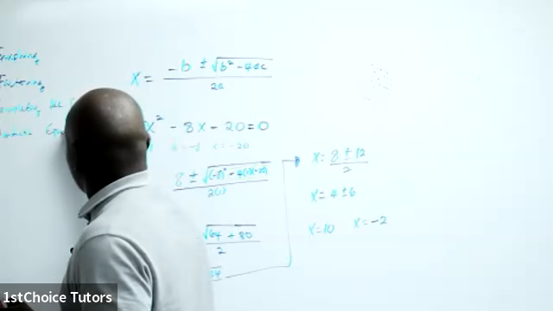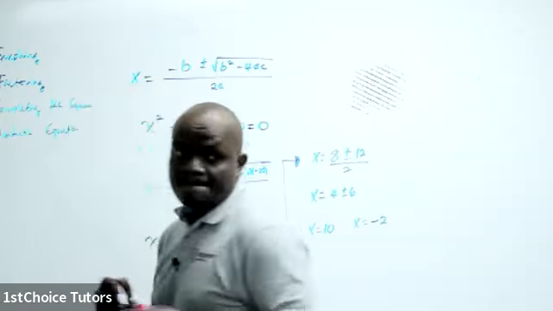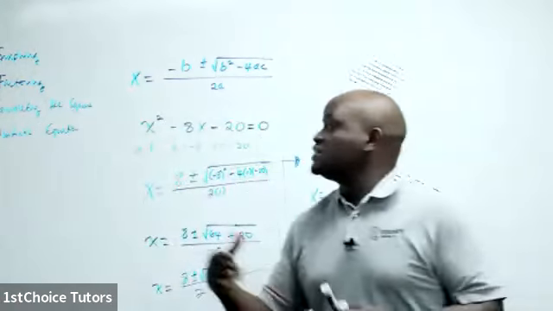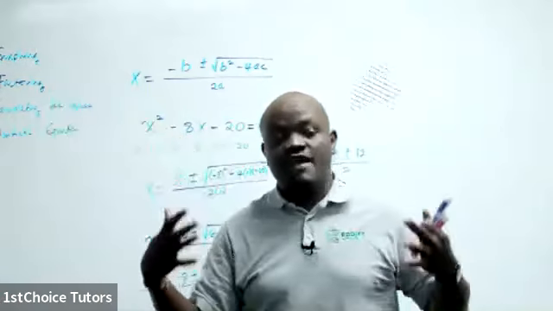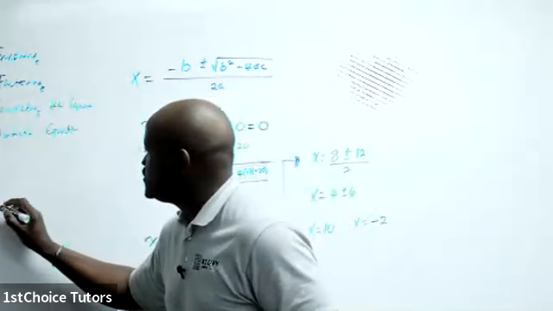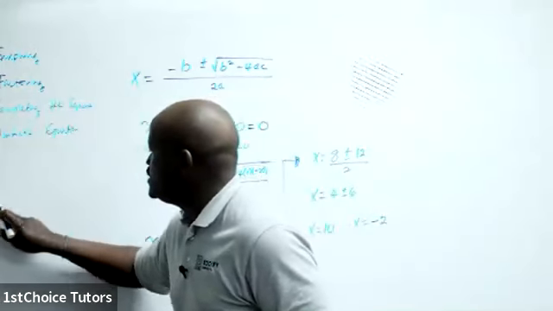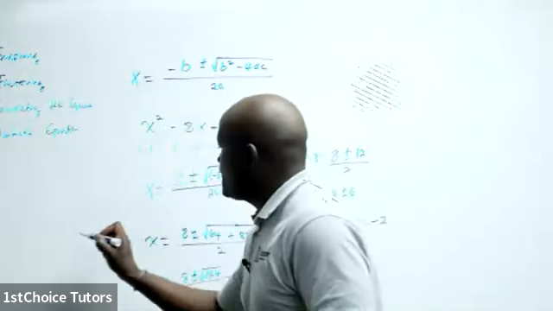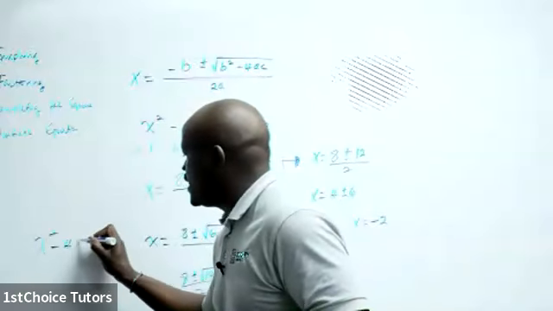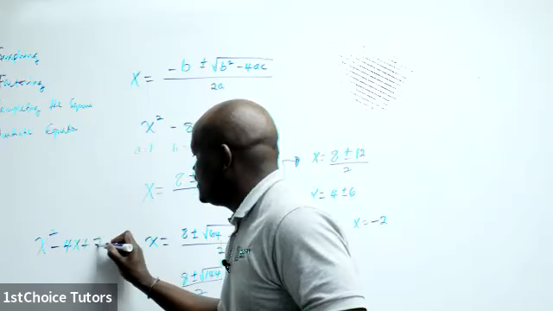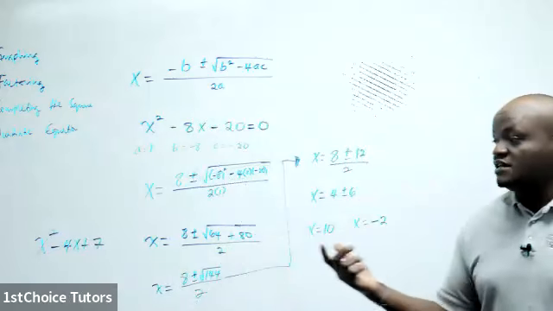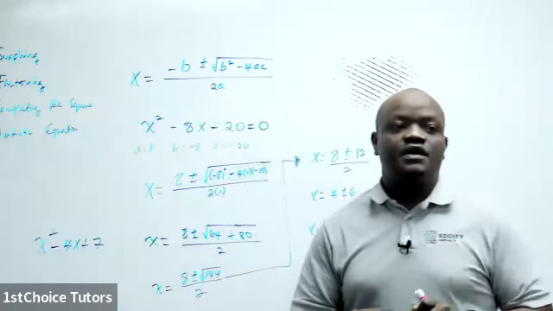Which of these is your favorite, if you have a favorite? Factoring. Factoring, yeah, same, because it's just straightforward. However, sometimes you try to factor and you can't find factors that work. So if I had x squared minus 4x plus 7, you will never find factors that work because nothing multiplies to 7 and adds to -4.